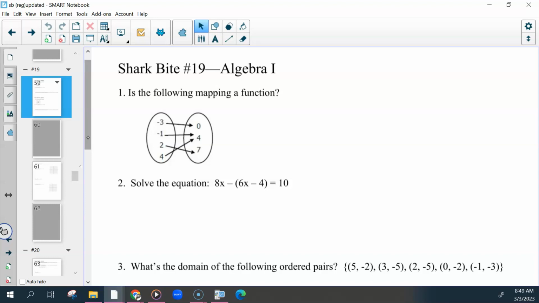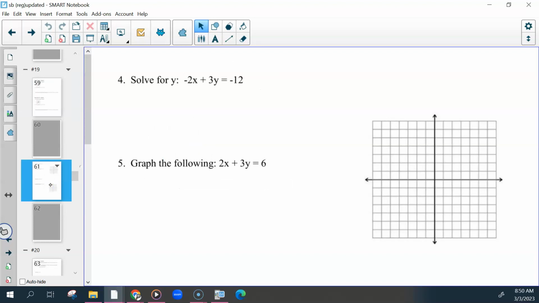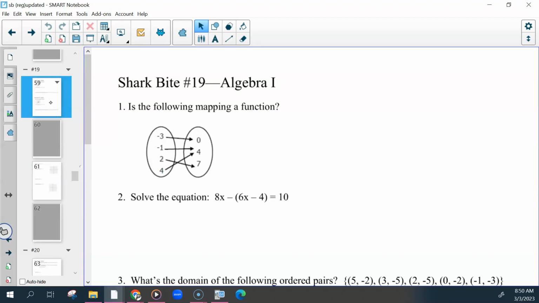See a lot of 1s and 3s, which both of those can't be done in Desmos. 2 can be done in Desmos, as can 4 and 5, so we'll do those.